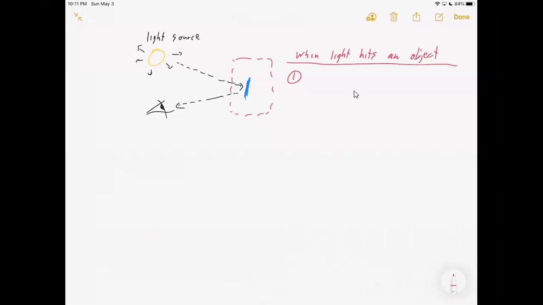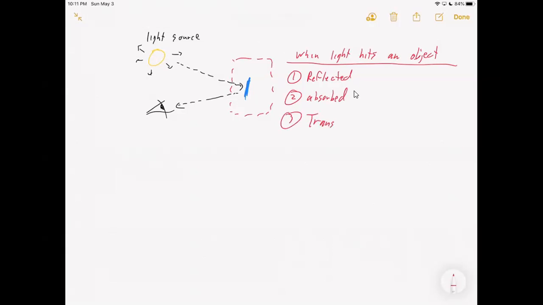Some of the light is reflected. That's the light that we can see. Some of the light can be absorbed. That is light that won't be reflected. And then finally, light can be transmitted.